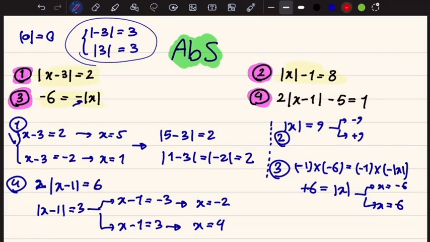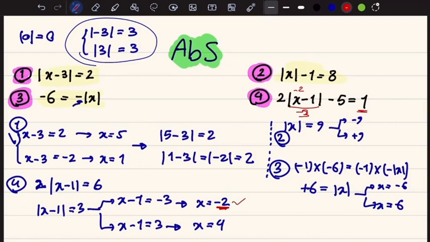Now we replace the answers in the main equation to make sure the answers are correct. If you take minus 2 and you replace in equation 4, you will have minus 2 minus 1 becomes minus 3. And if you multiply by 2, okay, we have to apply absolute value first, which becomes plus 3. 2 times 3 equals 6, minus 5 is equal to 1, which is correct.